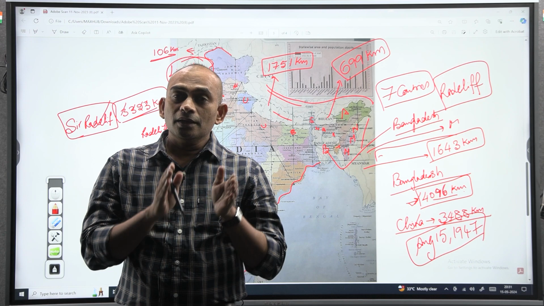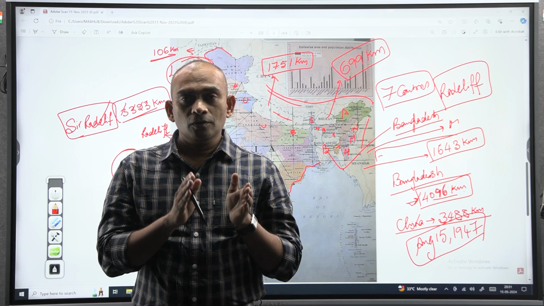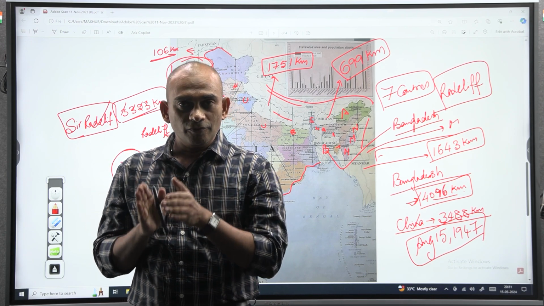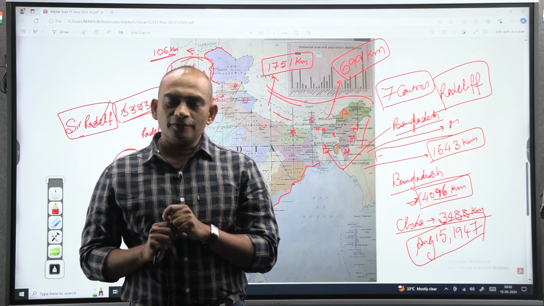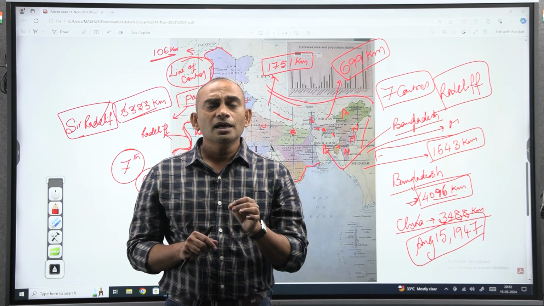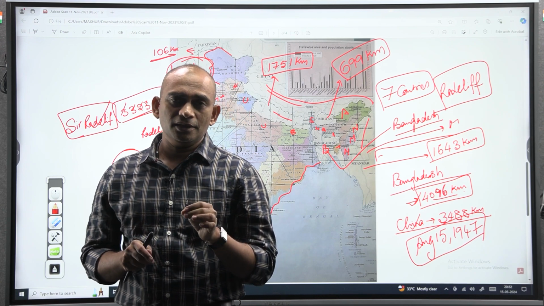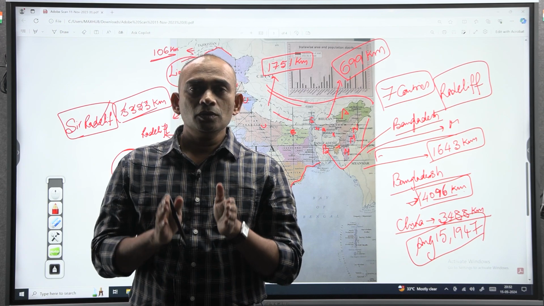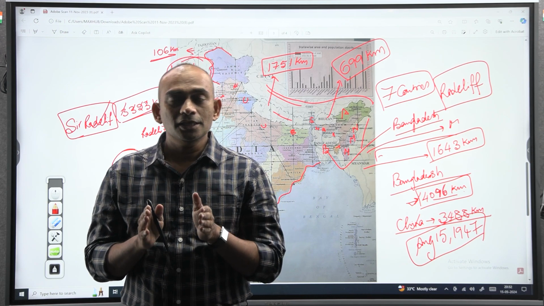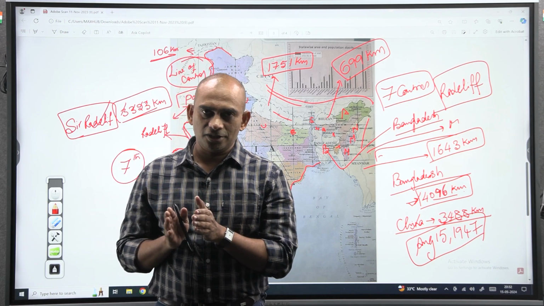Jammu and Kashmir was a princely state and wanted to remain independent. So when the local tribes wanted to invade, India put a condition: India asked the Jammu and Kashmir king to sign the instrument of accession.